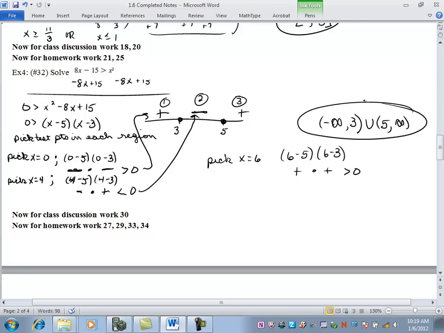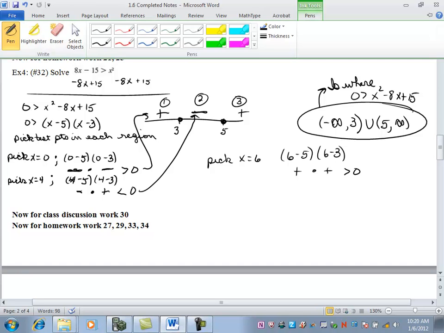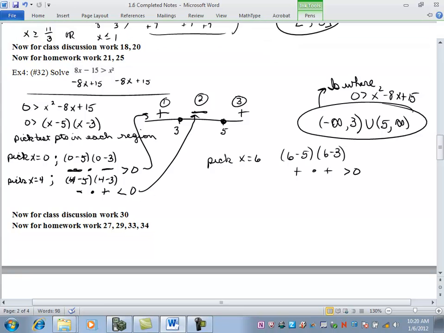Now, if we look, this is where 0 is greater than x squared minus 8x plus 15. We needed to know, actually, this is where 0 is less than. I apologize here. Got to be careful here.